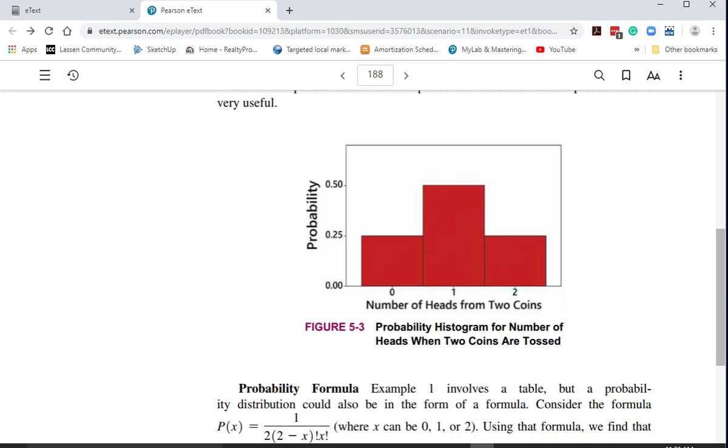It's what we had earlier when we tossed: no heads, 1 head, 2 heads. Now, it's not going to look like a fair coin because it depends how many times you run the experiment. But anyway, this is your histogram. Before, you would have a tally of how many fell in here. But if you take those counts and divide by sample size, now they change to probabilities.